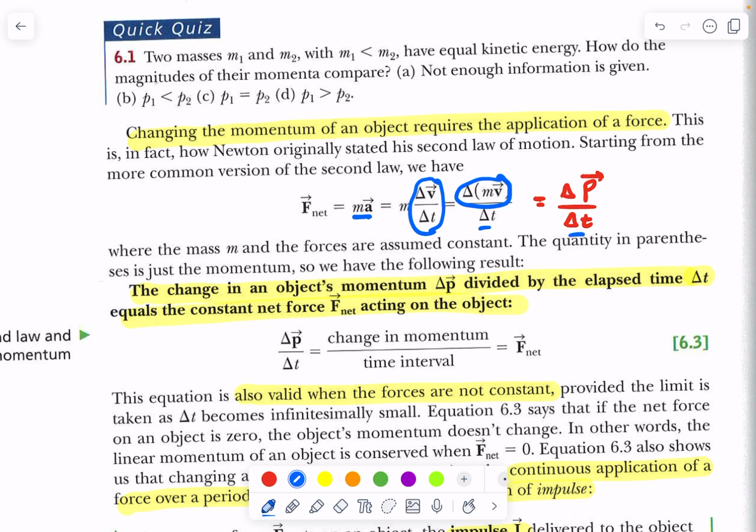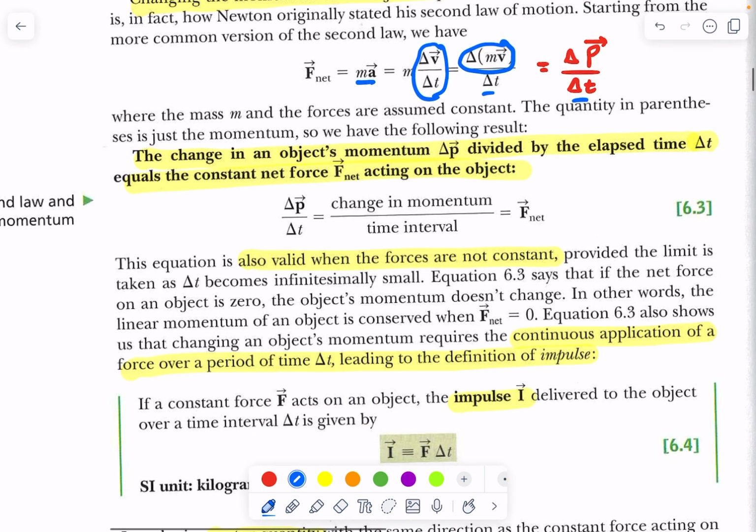So the force is going to cause a change in momentum over a time interval. Another thing we can say, and I'm reading right here, the change in an object's momentum divided by the elapsed time equals the constant net force acting on the object. And in fact, it doesn't have to be the same force all the way through.